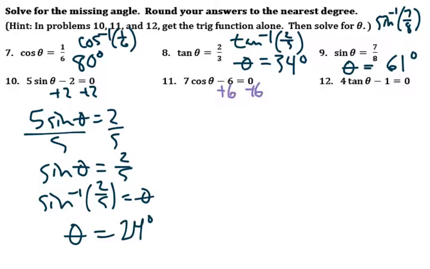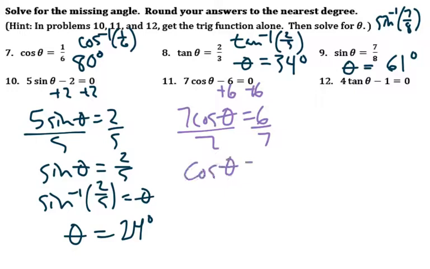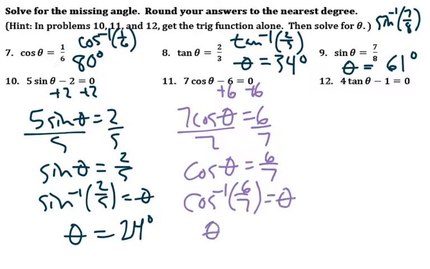Same with this one, add 6. 7 cosine of theta equals 6, divide by 7. Cosine of theta equals 6/7. And obviously we're doing the same thing here. So theta equals inverse cosine of 6 divided by 7. 31 degrees when we round.